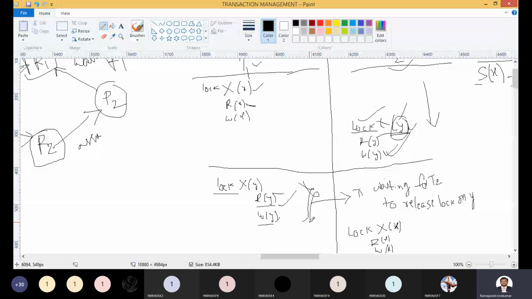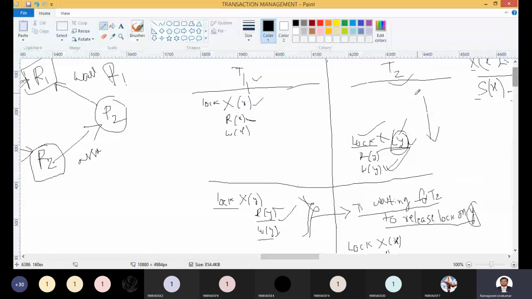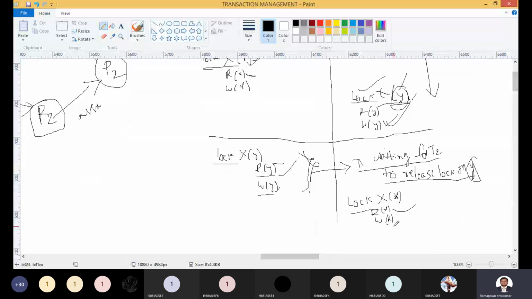Same like, see here, in T1 transaction, we have exclusive lock on X data item. In T2 transaction, I am trying to read and write that X data item. Is it possible? No, because till now it doesn't release any lock.